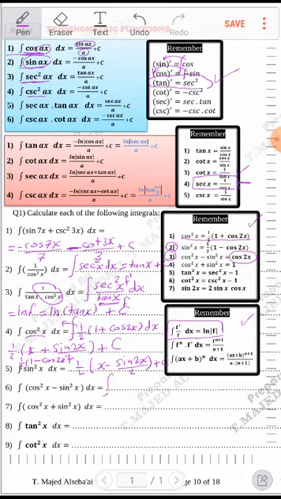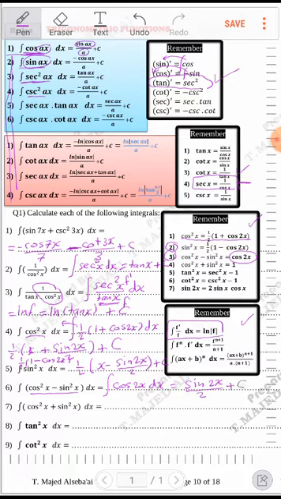So this will be integration of cosine 2x. Why am I doing that? Because I don't have a rule for cosine squared minus sine squared. There is no integration rule for it. But I have a rule for cosine 2x. What is the rule of integration of cosine 2x? It is sine 2x over 2 plus c.